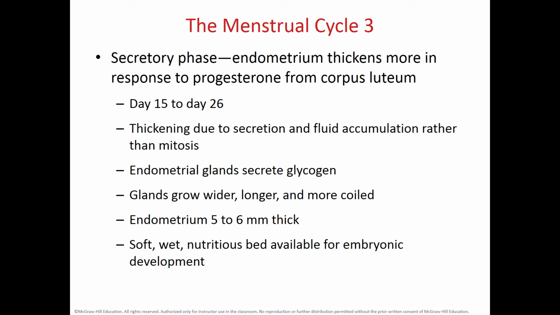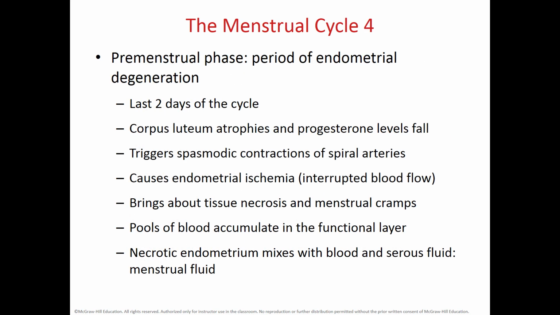You not only have that, but you have thickening and plumpness of the endometrium because of secretion and fluid accumulation rather than mitosis. Your endometrial glands will secrete glycogen, and you have 2/8, or 1/4, of an inch of endometrial thickness, and this will be enough for harboring the fetus.